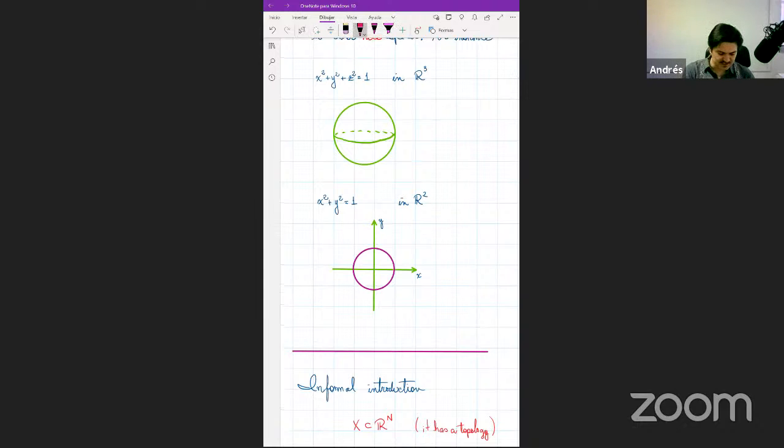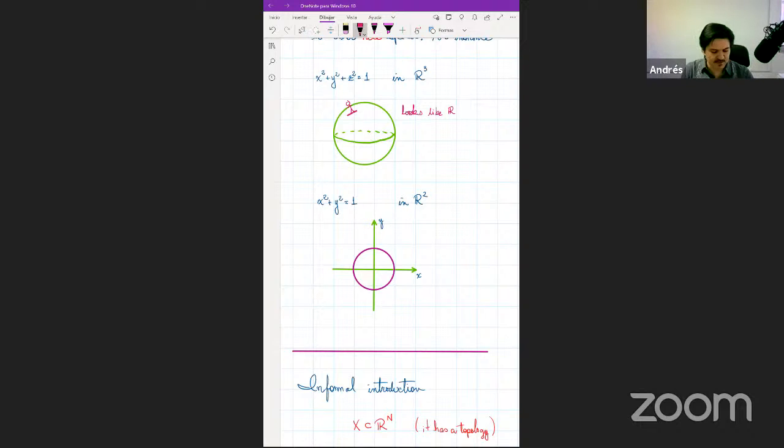So maybe Jesus is here sitting down, but locally, the floor looks flat. So it looks like R2, right? But if you go larger and larger, not only Jesus' room, but the whole city of Colima, then that's curved. Okay, but locally, it is flat.